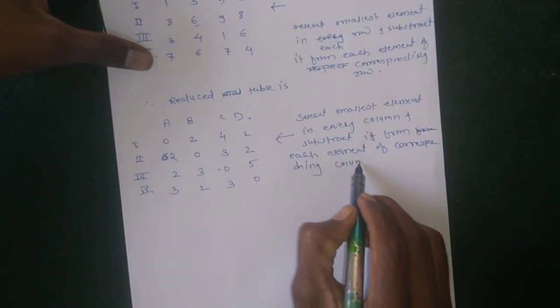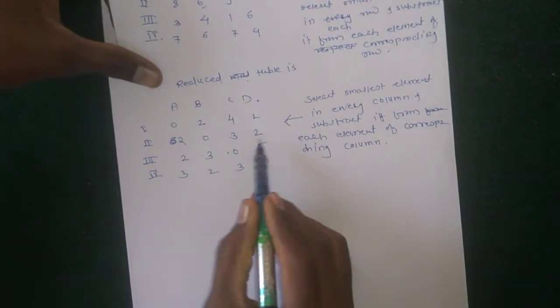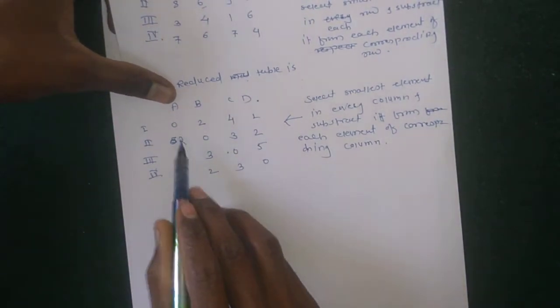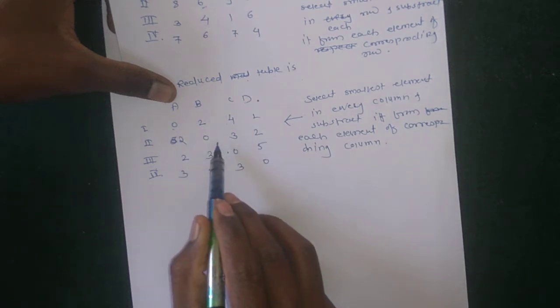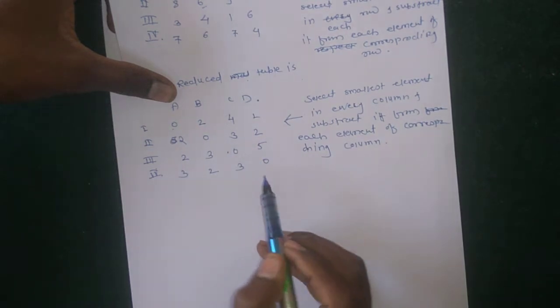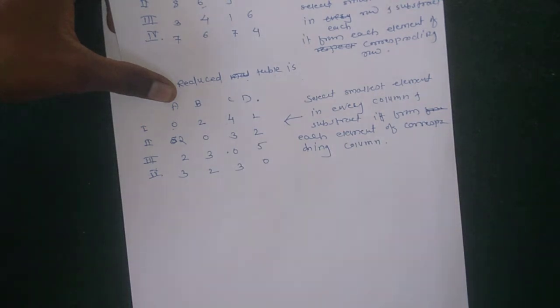In this, A, B, C, D are the columns. In the first column 0 is the smallest element, in the second 0 is also the smallest, in the third 0, and in column D also 0.